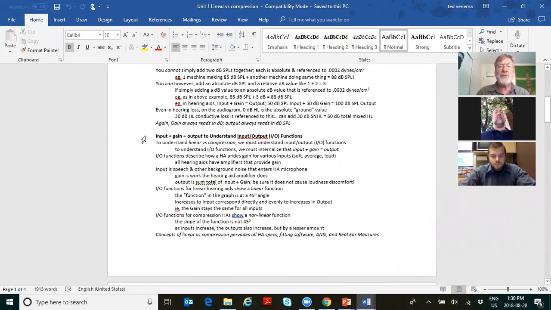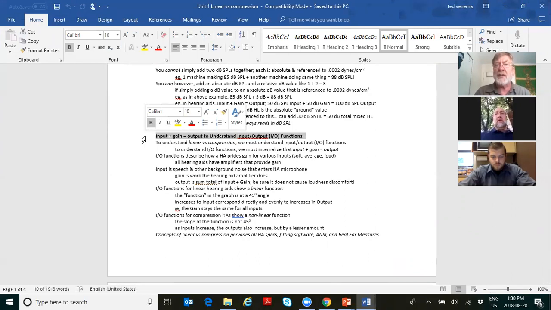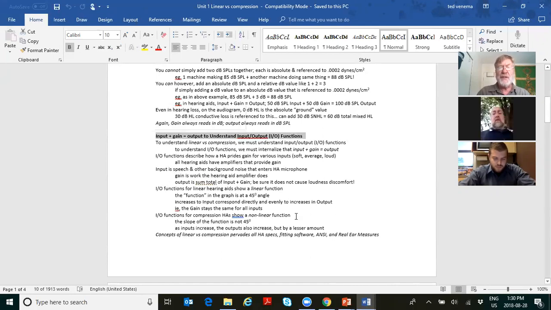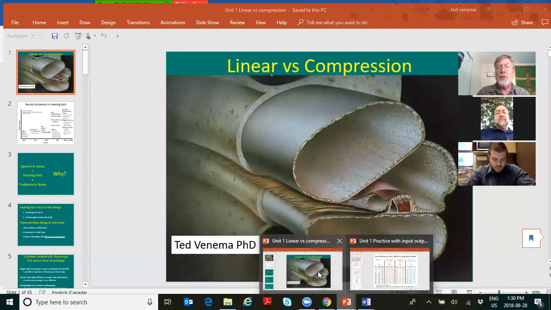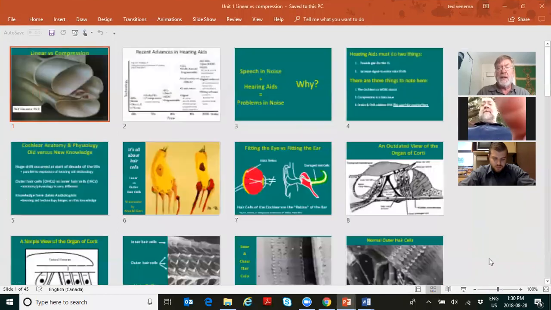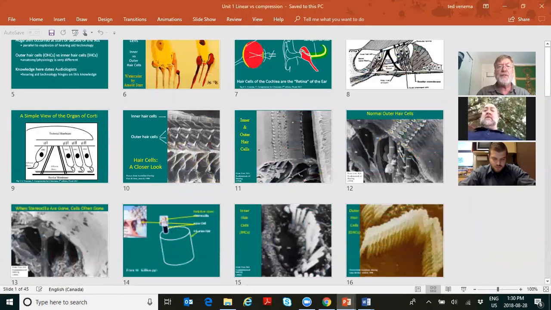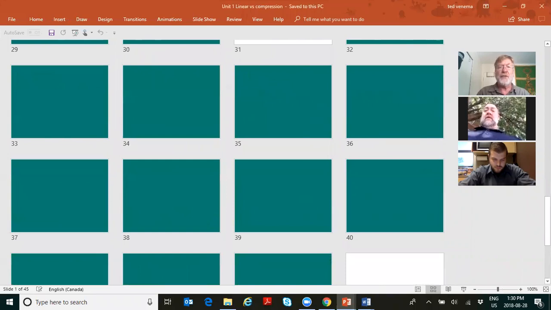Then last week, we introduced ourselves to input-output functions, which is the language upon which linear gain and compression are described and explained on hearing aid specs. So basically we said that input-output functions always show input on the horizontal and output along the vertical.